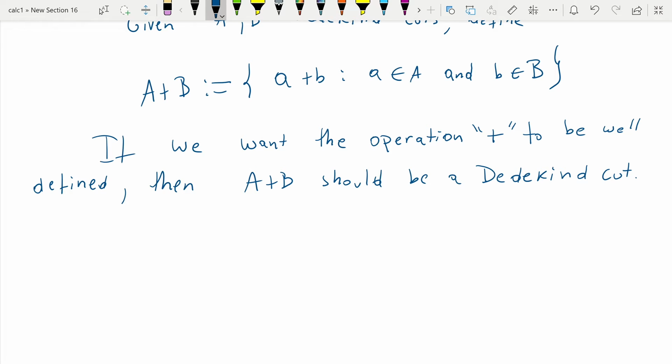So remember that we need to show three properties. The first one being that A plus B should not be the empty set and should not be all of Q.